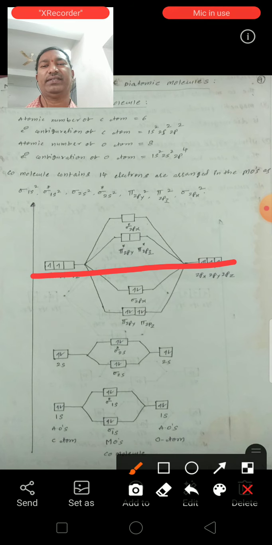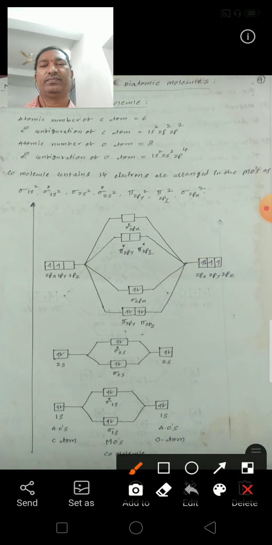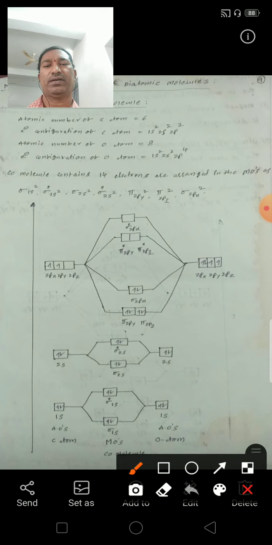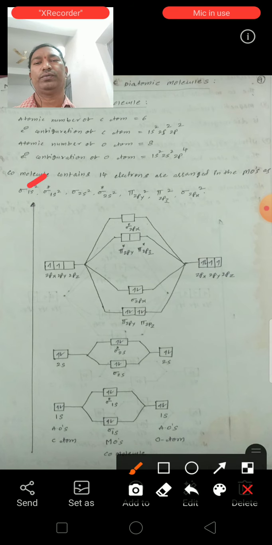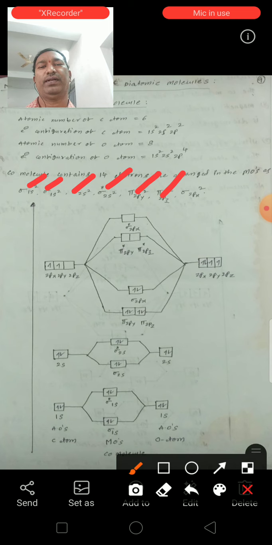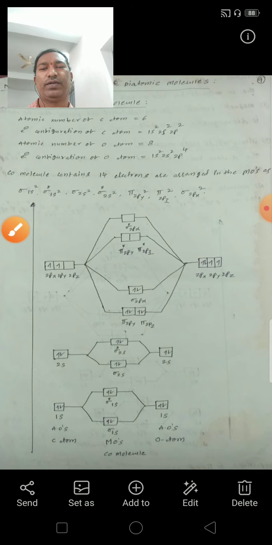See here, 14 electrons are arranged in the molecular orbitals like sigma 1s2, sigma star 1s2, sigma 2s2, sigma star 2s2, pi 2py2, pi 2pz2, sigma 2px2. So 2 plus 2 is 4, 6, 8, 10, 12, 14, total 14 electrons.